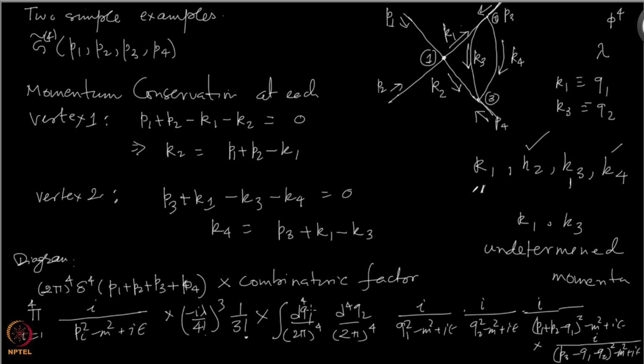And so, you see that this is a two loop integral or two loop Feynman diagram, because you have two undetermined loop momenta. So, these momenta k1, k3, or now what we are calling q1 and q2, are called undetermined loop momenta. And as you see, these run from minus infinity to plus infinity.